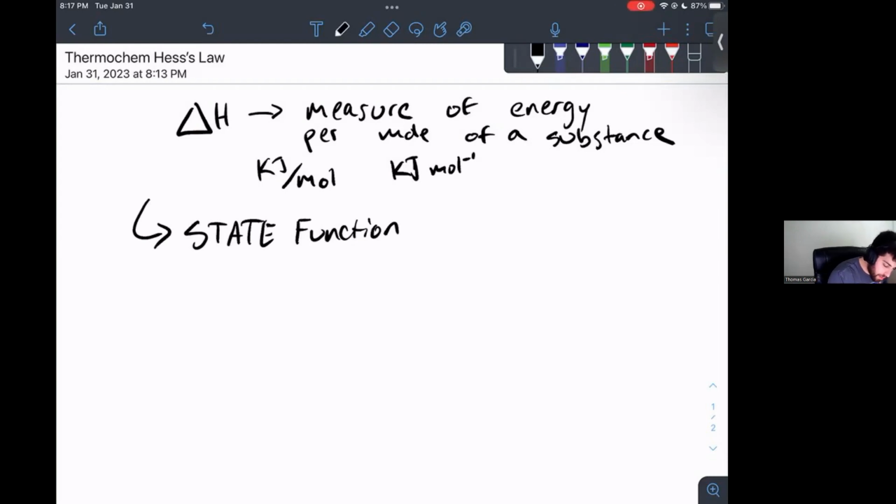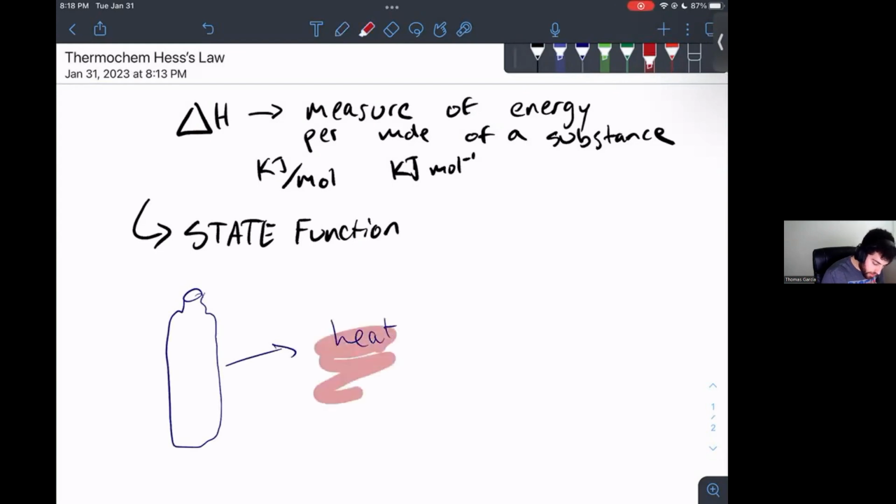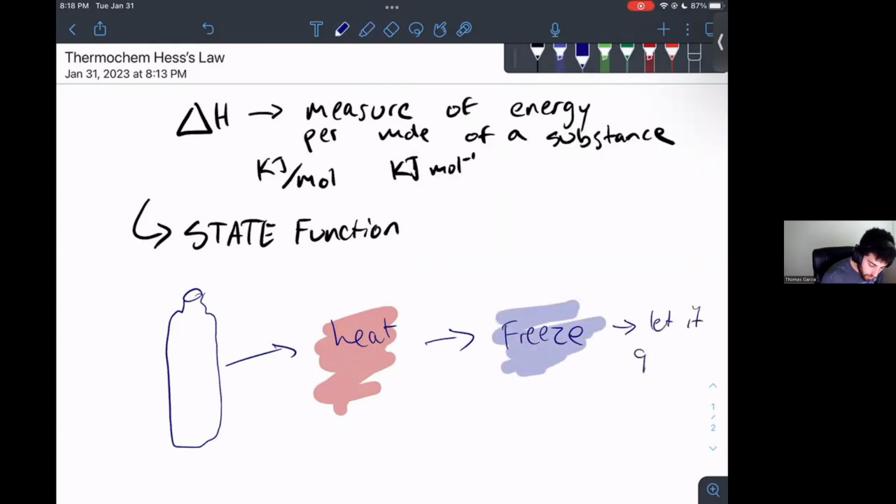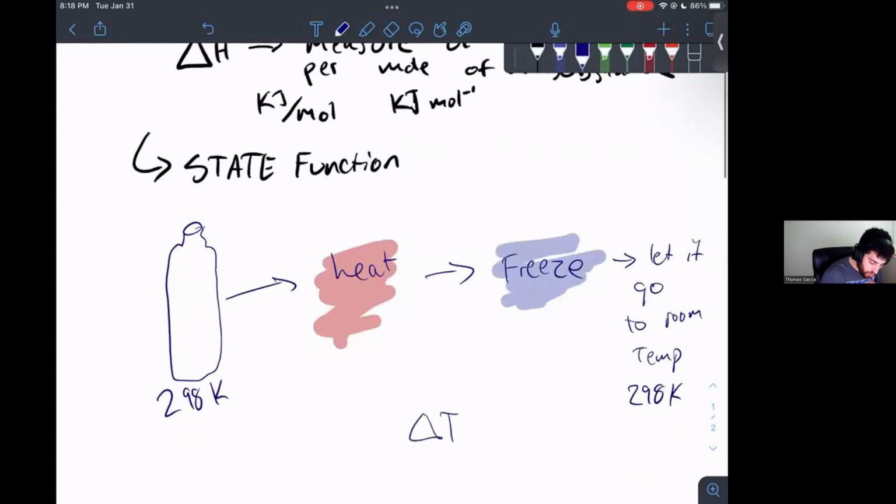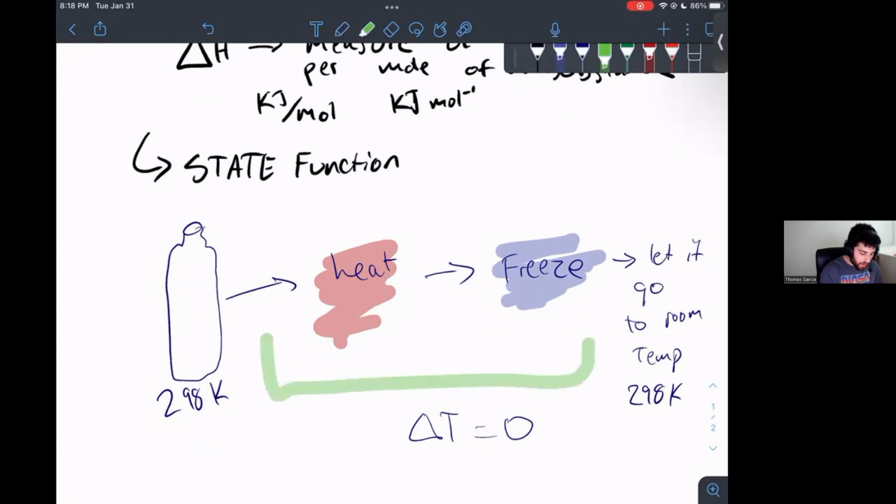So if I take some bottle of water and heat it with fire, then freeze it with some ice, and then let it go to room temperature, and let's say it started at 298 Kelvin, which is room temperature, and it ends at 298 Kelvin, the change in temperature would be zero. Much like enthalpy, it's a state function. All this middle stuff doesn't really matter. All that matters is the starting point and the ending point, and that's it.